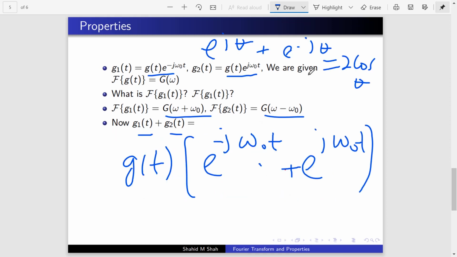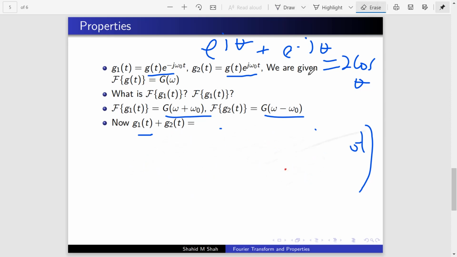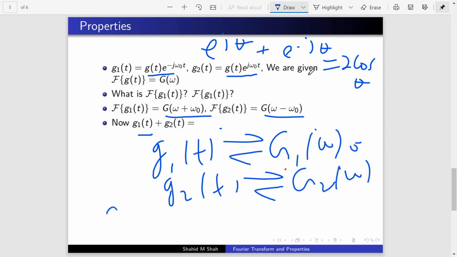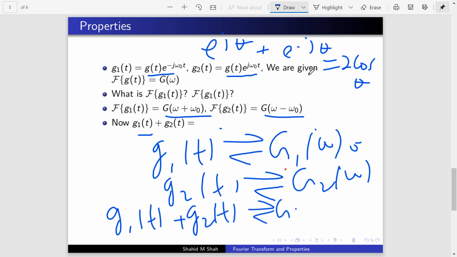And one property I will recall here, Fourier transform has a linear property. Linear property means if g1 of t has Fourier transform g1 of omega, g2 of t has a Fourier transform g2 of omega, then g1 of t plus g2 of t will have Fourier transform g1 of omega plus g2 of omega.